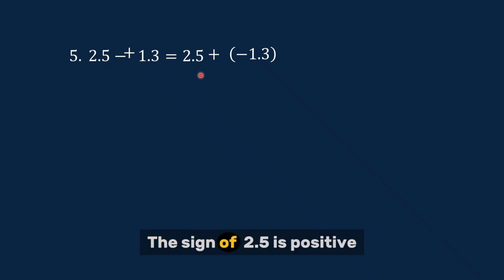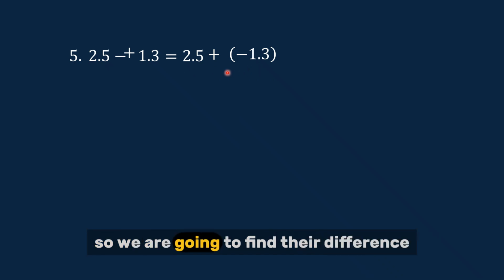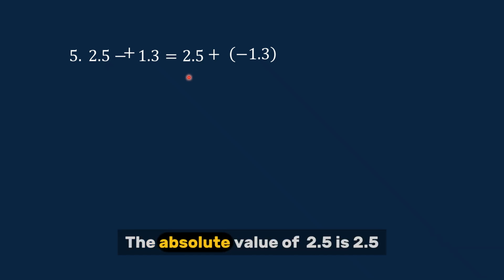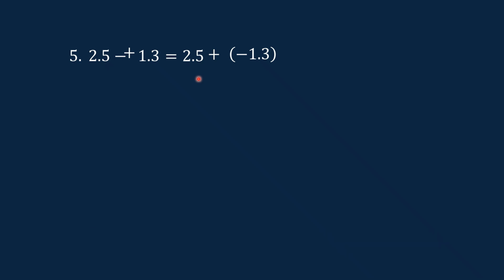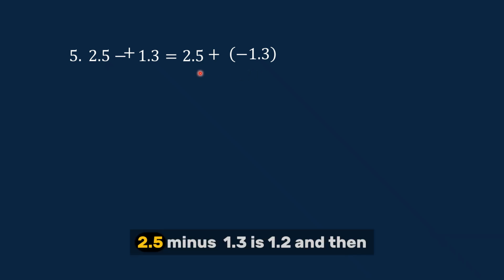The sign of 2.5 is positive and the sign of negative 1.3 is negative. They differ in signs, so we are going to find their difference. That means we are going to subtract their absolute values. The absolute value of 2.5 is 2.5 and the absolute value of negative 1.3 is 1.3. 2.5 minus 1.3 is 1.2.